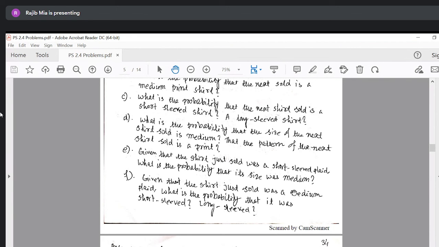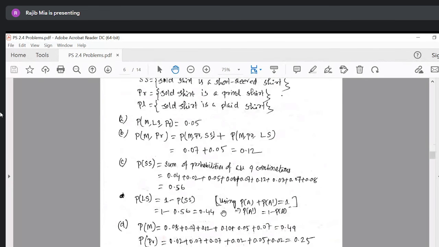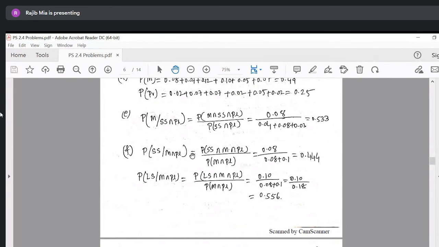Medium means M and plaid means PL, so M intersection PL is given. Short sleeved means SS, so you have to find probability of SS given M intersection PL.